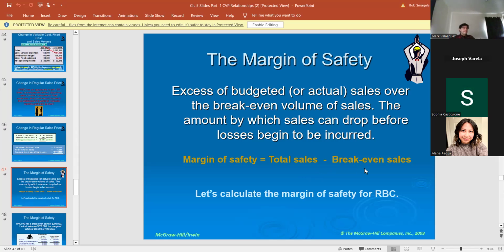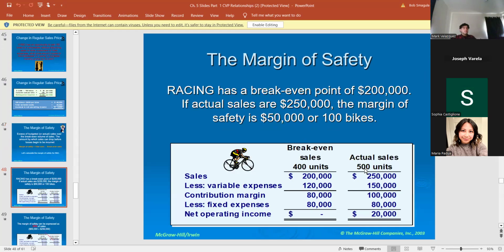minus the break-even sales. Well, we know the break-even sales were 400, right? Now we have a contribution margin of 100 minus the fixed.